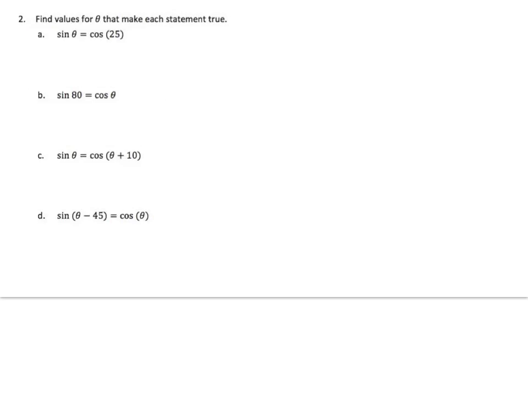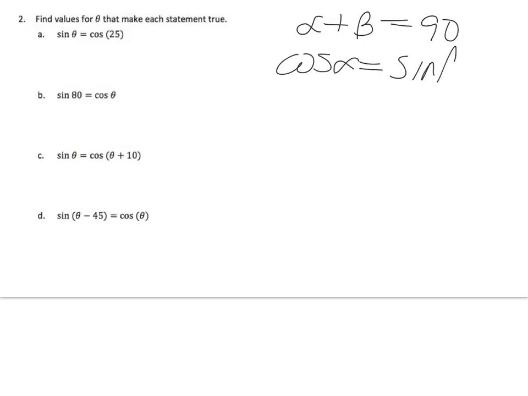Okay, next part, let's take it a little bit further. Find values for theta that make each statement true. So remember, alpha plus beta is 90 degrees. So cosine alpha is equal to sine beta, and sine alpha is equal to cosine beta.